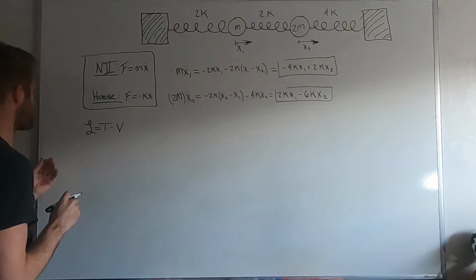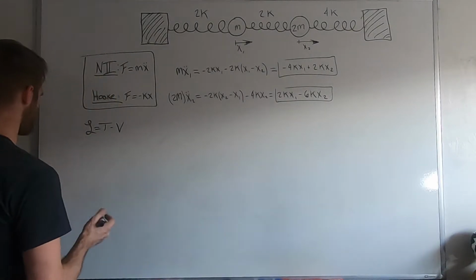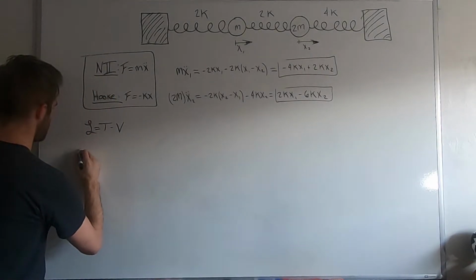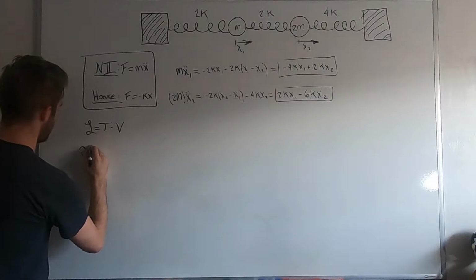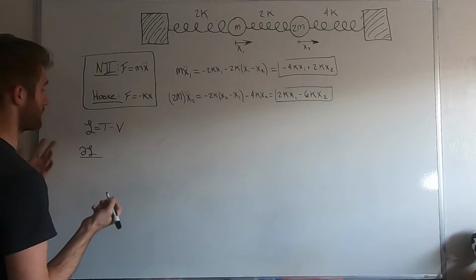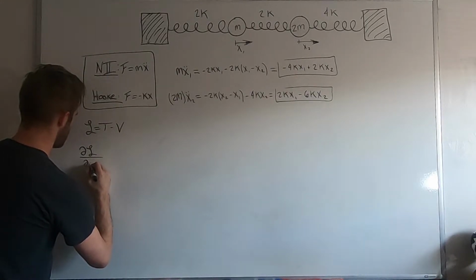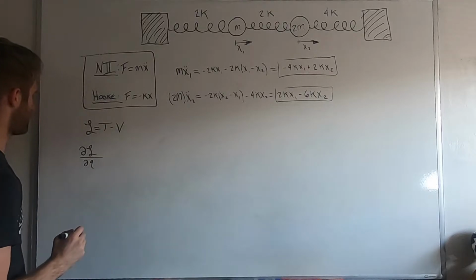And then we also have our Euler-Lagrange equation, which is simply the partial derivative of our Lagrangian with respect to our function q, so it's going to be dL/dq, right?